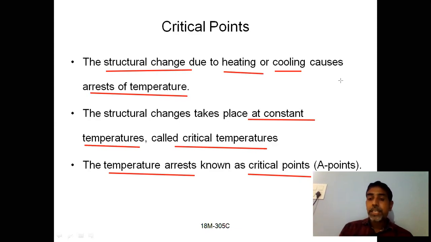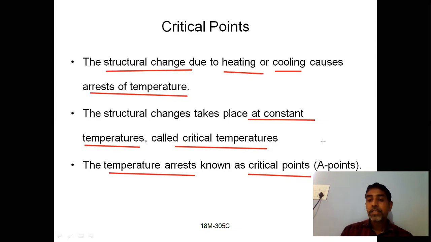At the structural change, the temperature remains constant, so we call it arrest of temperature. During the structural change, the arrest of temperature occurs, and those temperatures are known as critical temperatures or temperature arrests. We should understand it in this way.